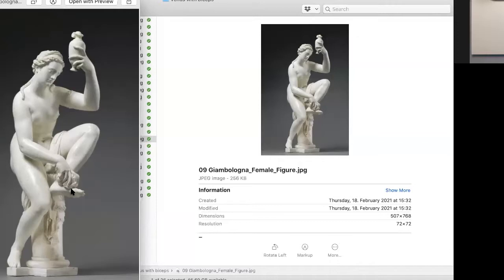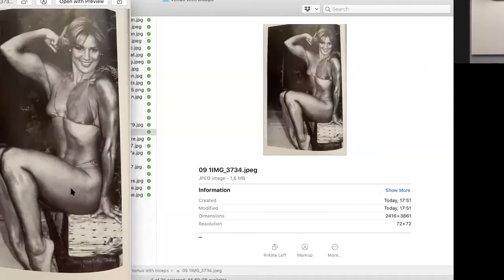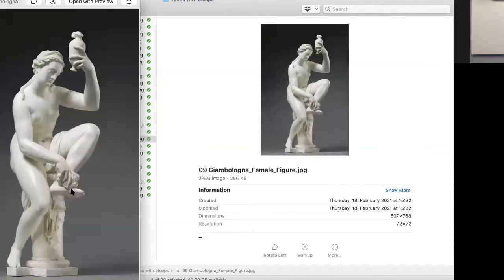They all have this love for classical poses. So you will see a lot of parallels between the way athletes or strong people pose and the way classical statues are placed.